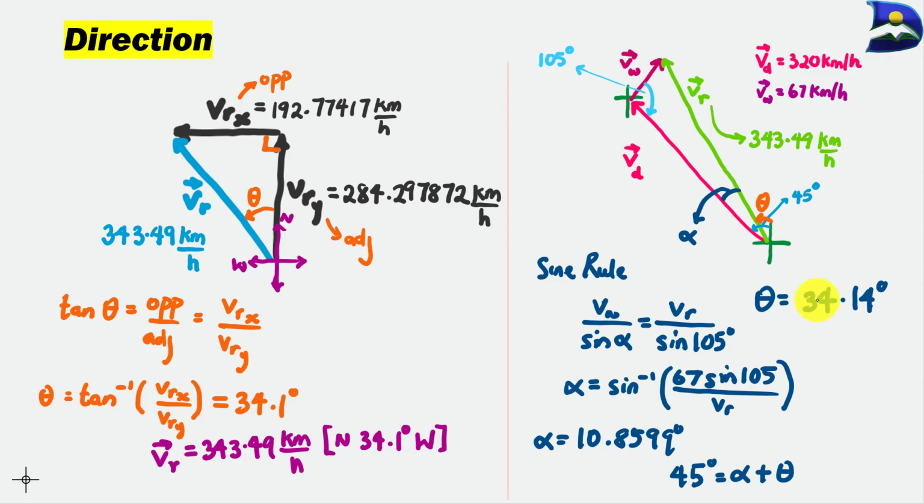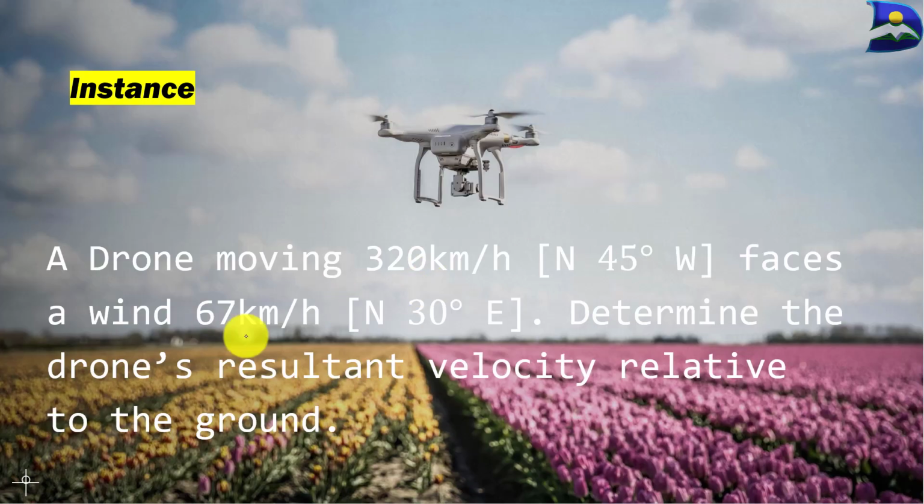And this is incredible as well, because it is pretty much identical to the one that we had on our previous strategy. And therefore, by placing it on our plane, we recognize that our resultant vector is going to be north 34 degrees west. And this is how we're able to determine the direction using the two strategies related to the question that we have right over here.